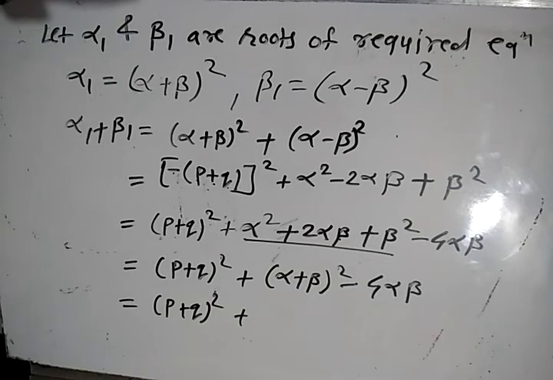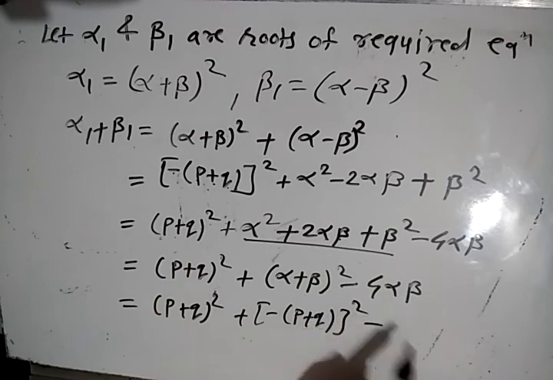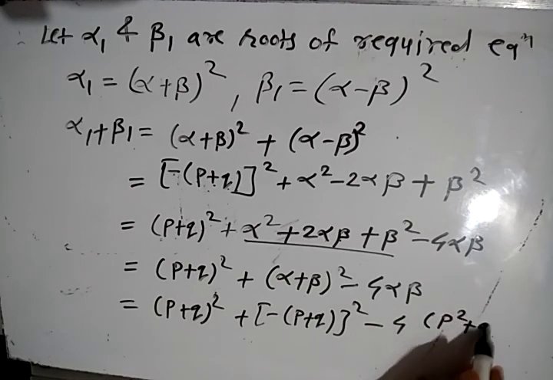According to the previous statement, it is minus p plus q. Minus p plus q whole square, minus 4 as it is, alpha into beta. We know the value of alpha into beta: p square plus q square whole divided by 2.